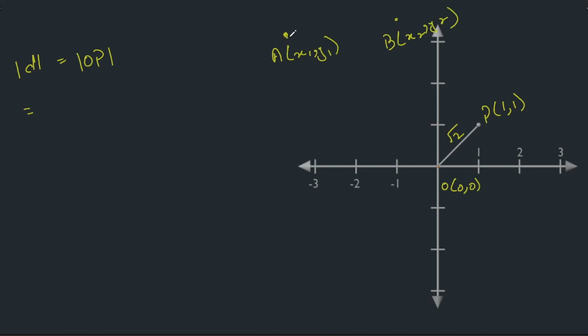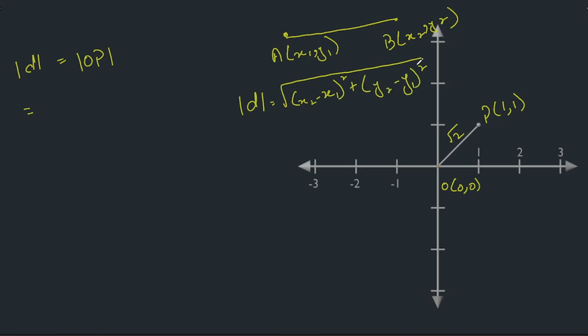So the distance between the points A and B can be calculated using the distance formula, which is the square root of (x2 minus x1) whole square plus (y2 minus y1) whole square.